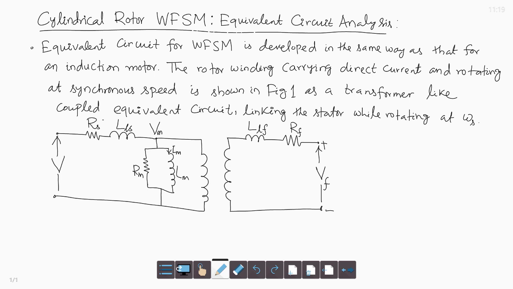So, this field winding draws the current, field current If, and it is linked with the stator winding because it is rotating at synchronous speed omega s, that is 2 by p times omega e, and the stator current is Is.